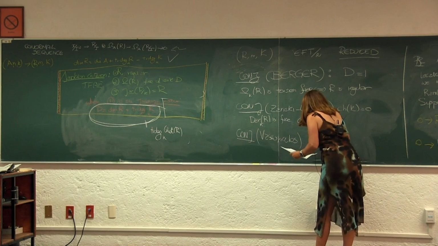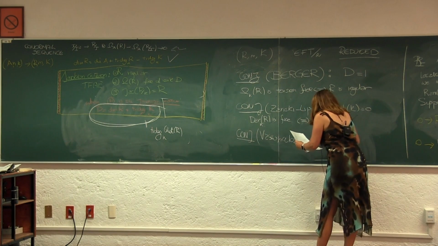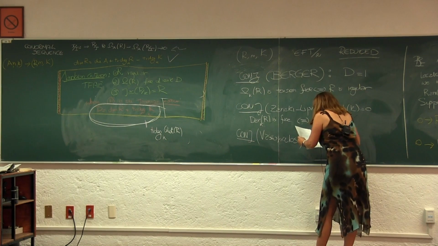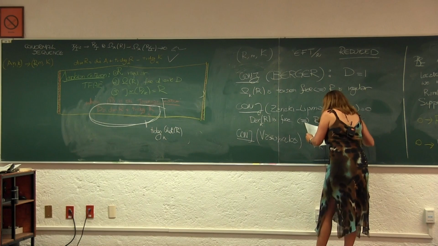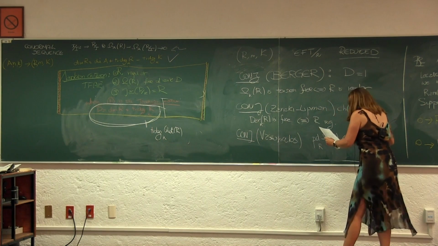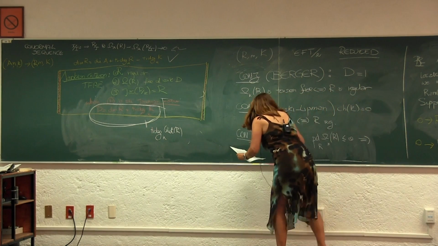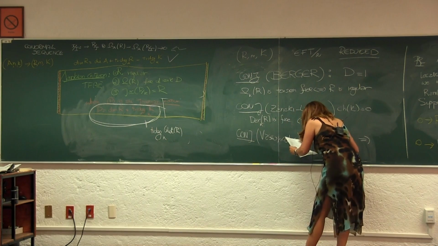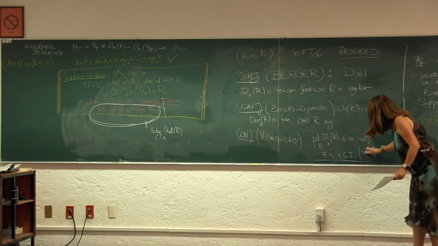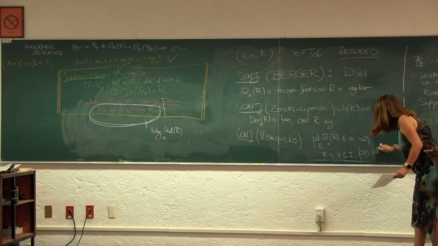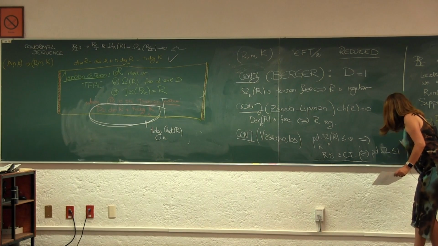The conjecture says the projective dimension of the module of differentials of R over K is finite when R is a complete intersection. And this is the same as saying the projective dimension is less than or equal to 1.